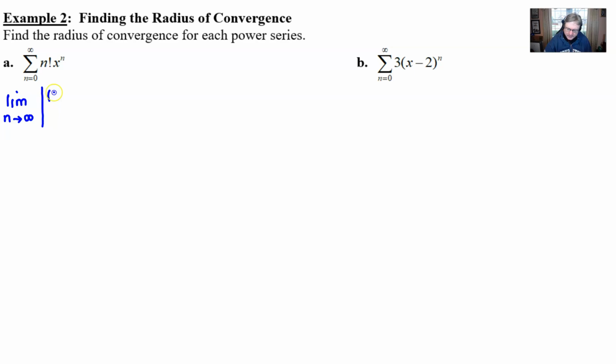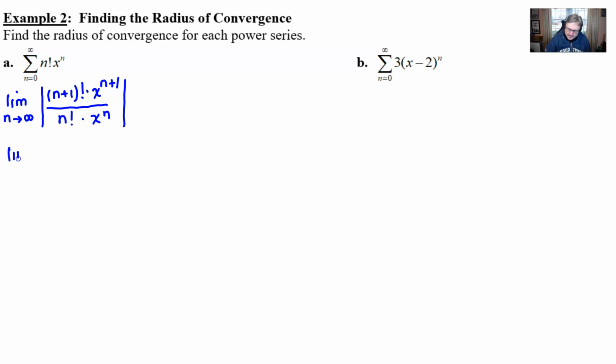So as we remember the ratio test, we would take the (n+1)th term as our numerator value and then divide that by the nth term in our denominator. And at this point, you would just proceed to simplify this to the best of your ability, and then we'll take a look at the conclusion.